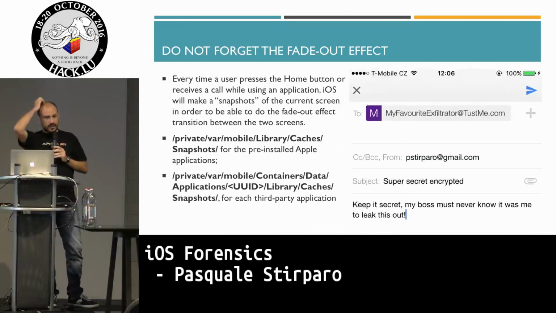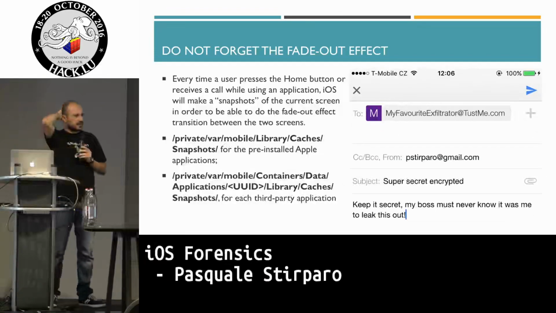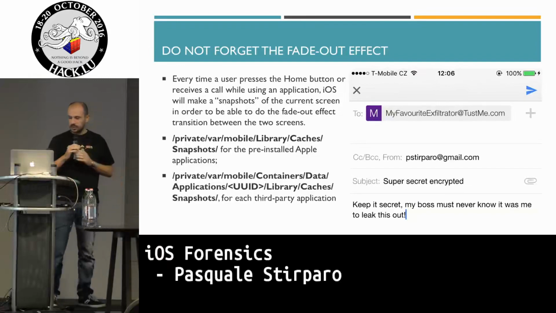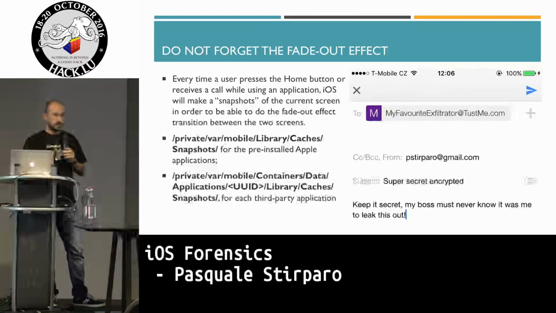So let's take this scenario. You are writing a super secret message to your dear trusted friend, your favorite exfiltrator. You are using top-notch encryption, you are very careful, PGP, or a messaging application which is, of course, secure. You're safe, and you want to make sure that nothing gets linked back to you.